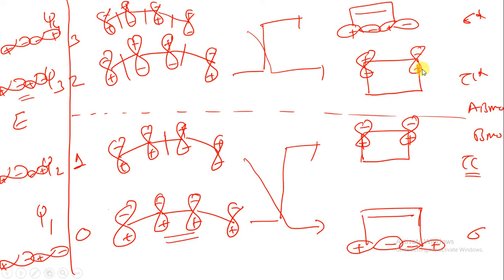Now looking at this structure, what we have to conclude for this correlation diagram: here we can see that BMO electrons will remain at the BMO and ABMO electrons will remain at the ABMO. So we can write down over here the conclusion part. What is your conclusion?